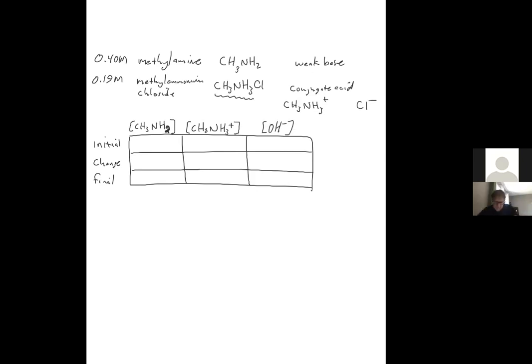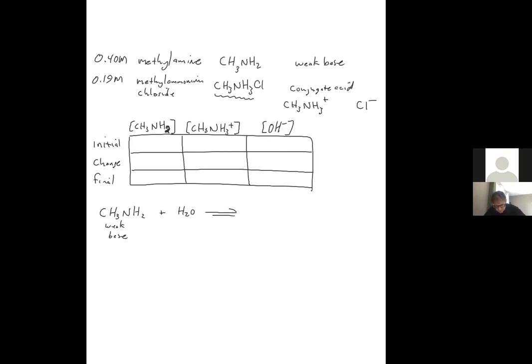There you go. Okay. So notice how in this one, they give you the hydroxide. They don't give you the hydronium. So here's what you do. If they give you the hydroxide, take the base and react it with water.